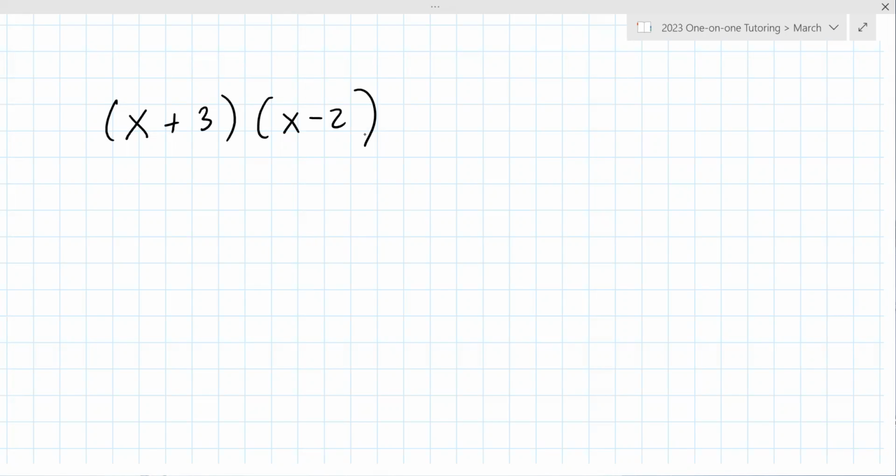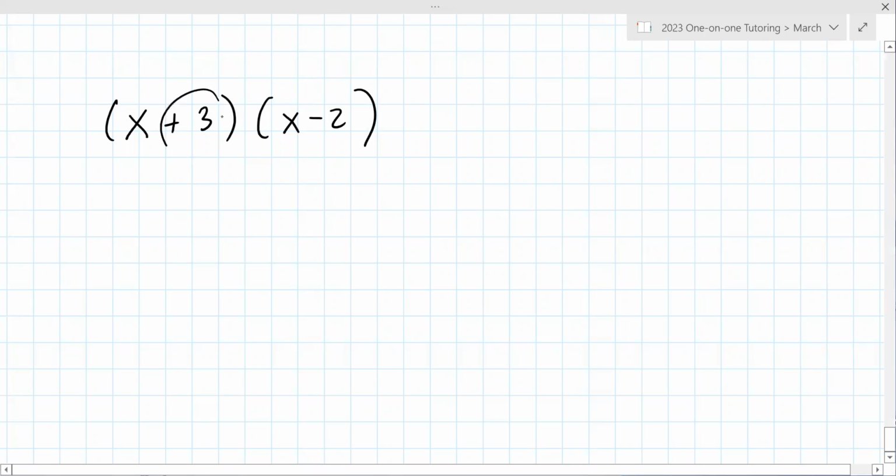Outer, 2x. Inner, 3x. Wait, so what is last? Like the 3, last of both of them? Yeah, the last of both of them. Okay, so -6.